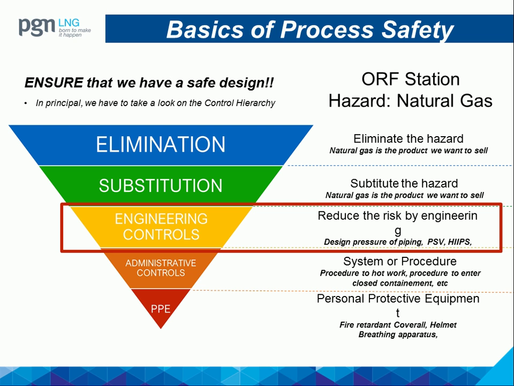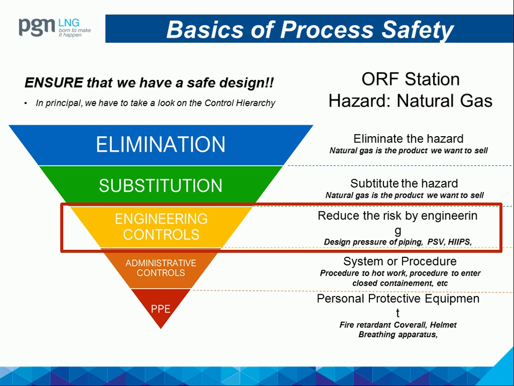And then the last one, the least expected to give as a mitigation, is personal protective equipment, because this control normally only protects one or two people, so it doesn't give you a barrier for the big consequences.